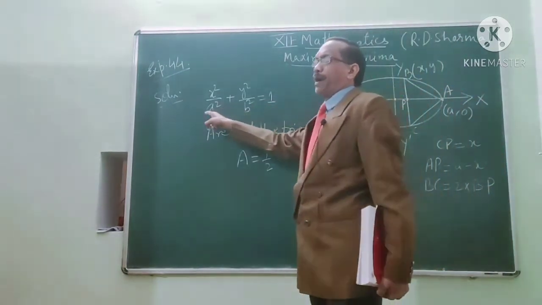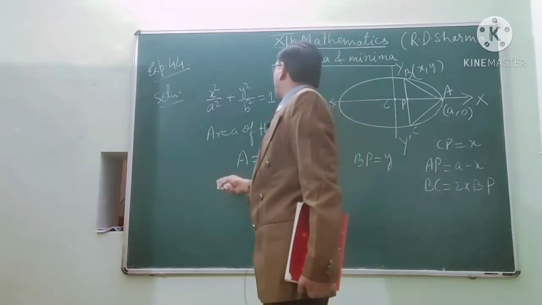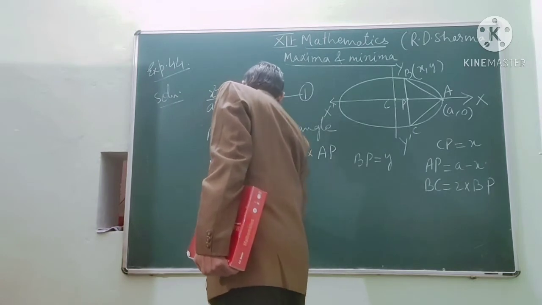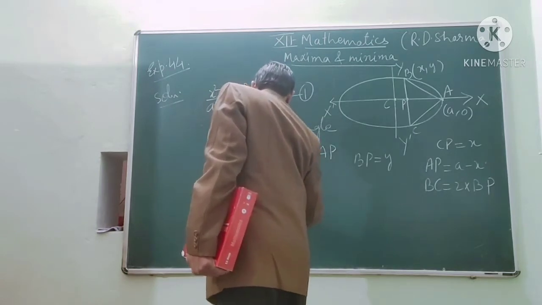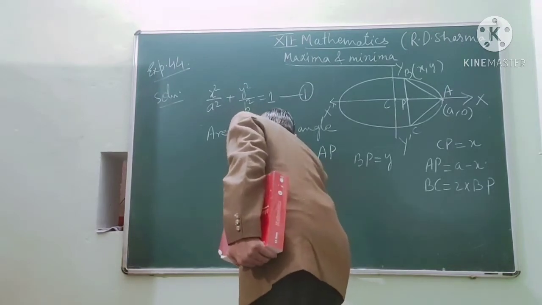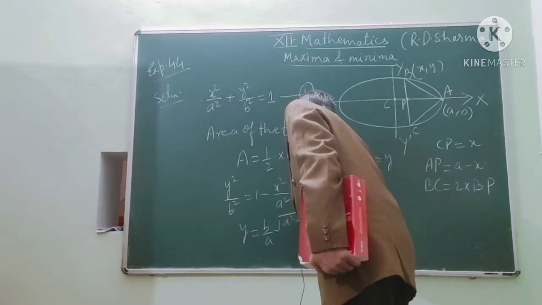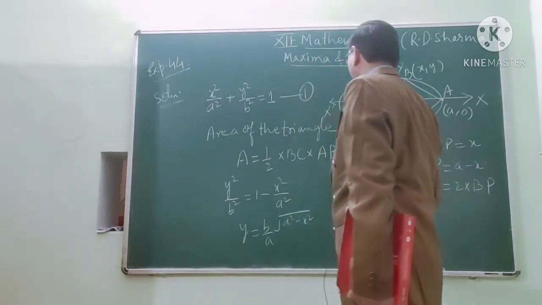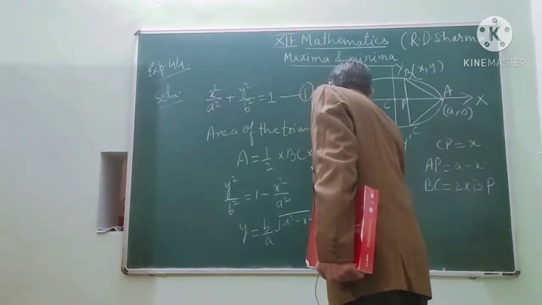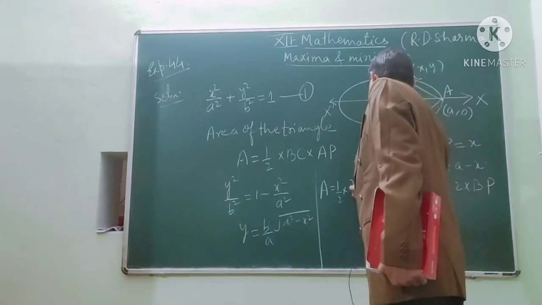The value of y we will find from the equation of the ellipse. So y square upon b square equal to 1 minus x square upon a square. So y equal to b upon a root a square minus x square. Therefore the area is 1 upon 2 into 2 into BP.